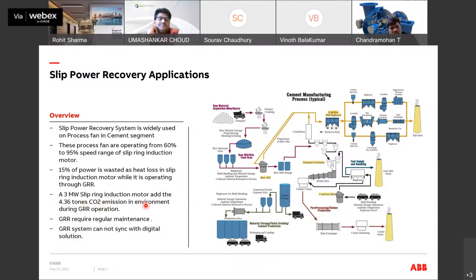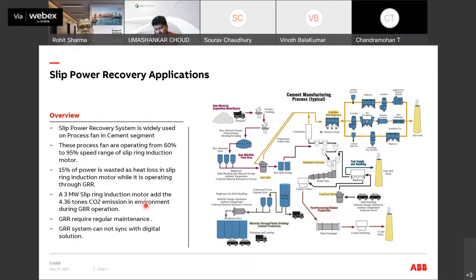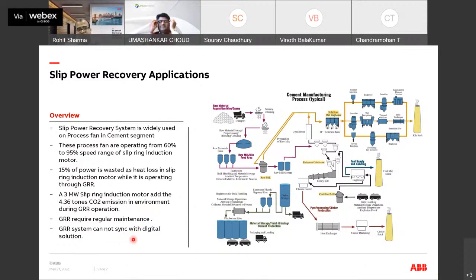Or if I convert it in terms of energy, we are almost wasting or not gaining approximately 1.8 gigawatt to 2 gigawatt of power from this slip ring induction motor. And on the other side, GRR needs regular maintenance, and the GRR system cannot cope with recent digital technology, which is IoT based solutions.